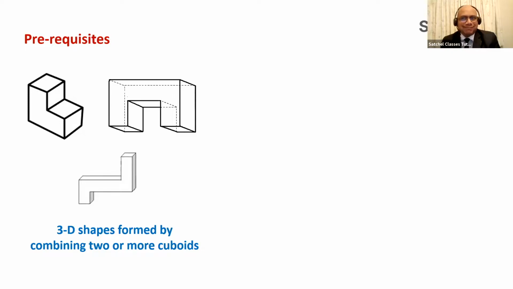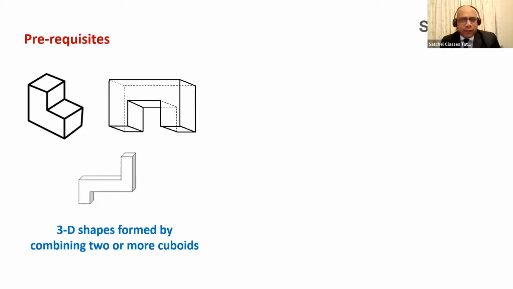Did you realize that? The other two shapes can be formed by combining three different cuboids. So these shapes are called compound cuboids because they have been formed by combining two or more cuboids. That's the first prerequisite.